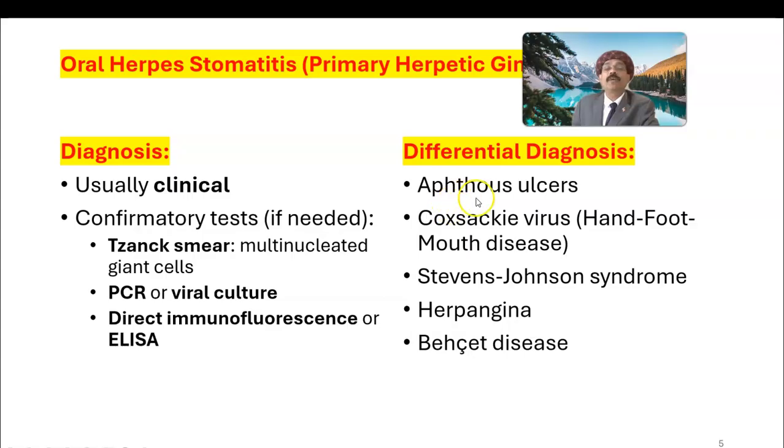Differential diagnosis: aphthous ulcer; Coxsackie virus, hand, foot and mouth disease, which is also common in children; Stevens-Johnson syndrome due to some drugs like sulfa drugs; Behcet's disease, where there may be genital ulcer plus the aphthous ulcer, in addition to uveitis. So these are the differential diagnosis.